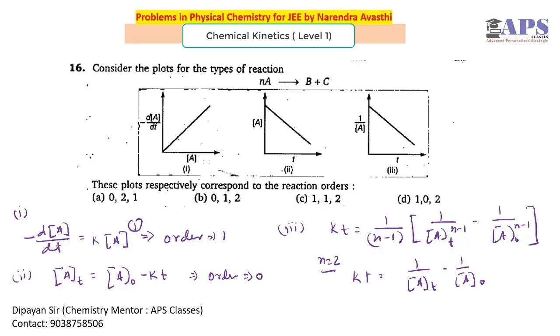So it is a case of second order reaction. So n value will be 2. So our answer will be, for graph 1 it is a first order reaction, for graph 2 it is a zero order reaction, for graph 3 it is a second order reaction. So option D will be the correct option.